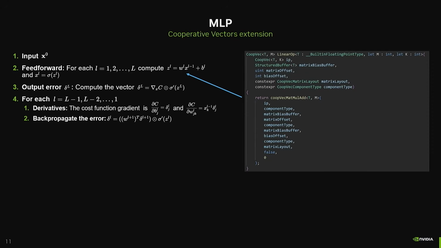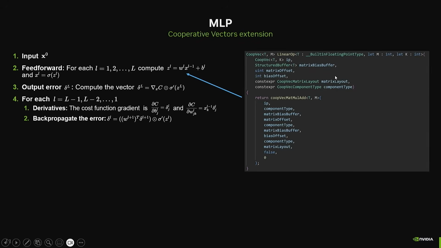So first you can see Slang code from the SDK, where we define the linear operation and a little bit about the parameters. We have a cooperative vector parameter, and we have a structured buffer where we store all weights and biases. We have offsets for weights and biases to access them, and we define the matrix layout.